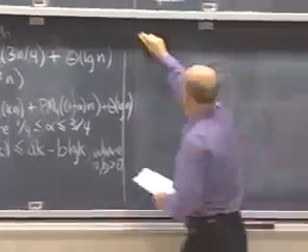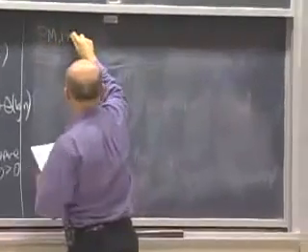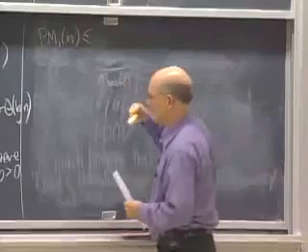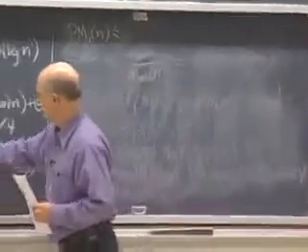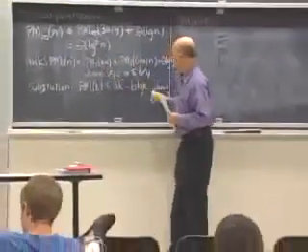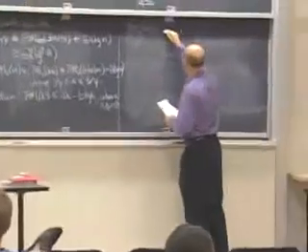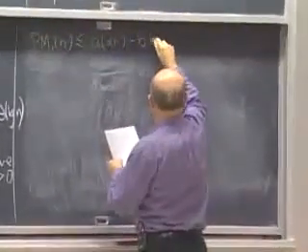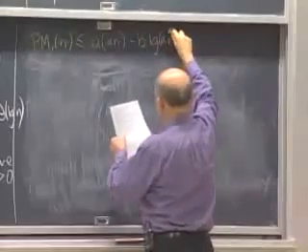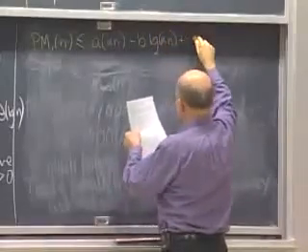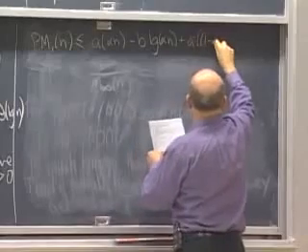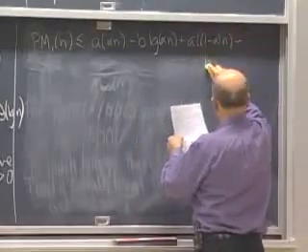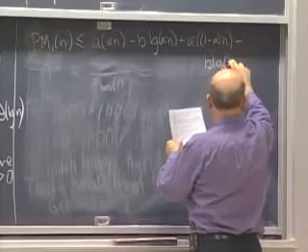Okay, so if P_m1 of n is less than or equal to... substitute this inductive hypothesis in for these two guys. So we get a alpha n minus b log of alpha n, plus a of 1 minus alpha n minus b log of 1 minus alpha n.